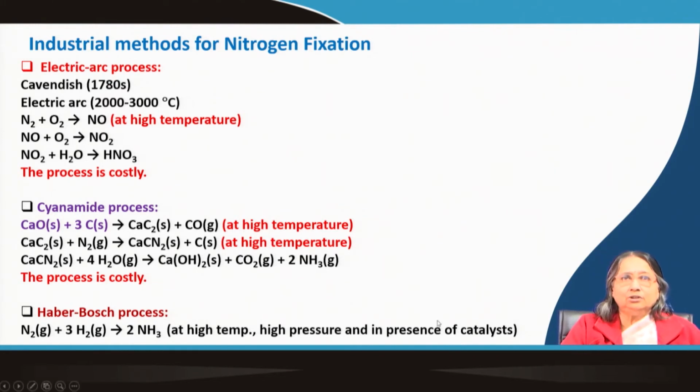This is also not an energy efficient process, but it was so useful and so important at that time that Haber got the Nobel Prize, which I also discussed. The yield is also very low here, and a lot of processes have been tried to increase the yield, but still this process got the Nobel Prize.